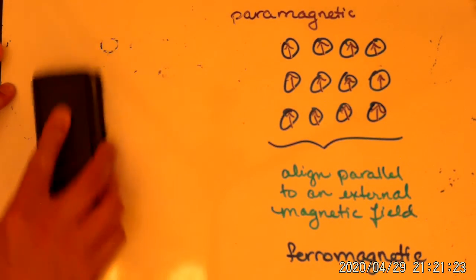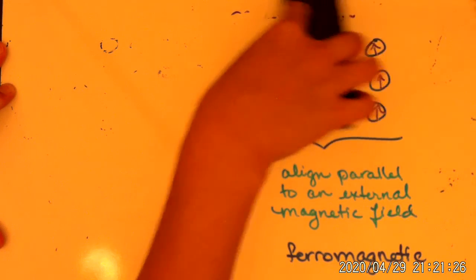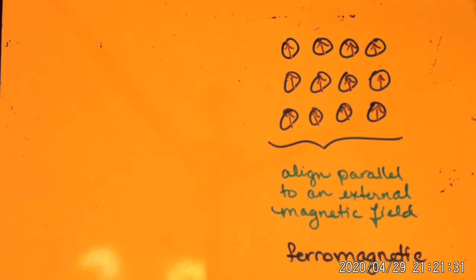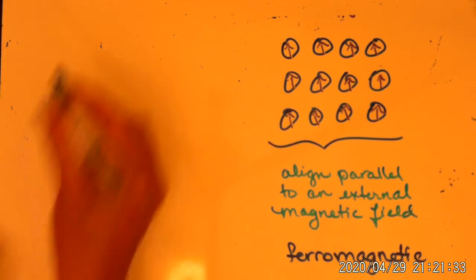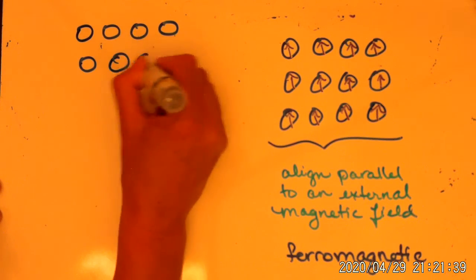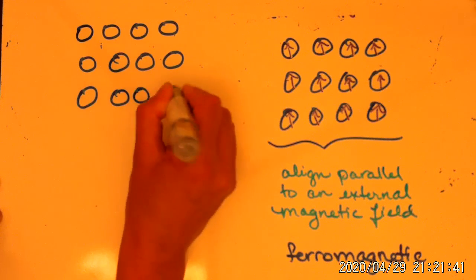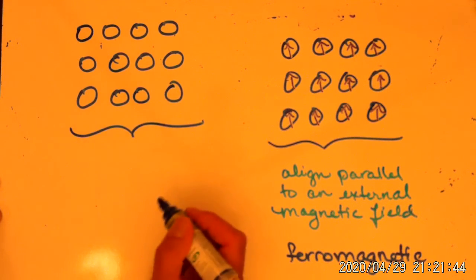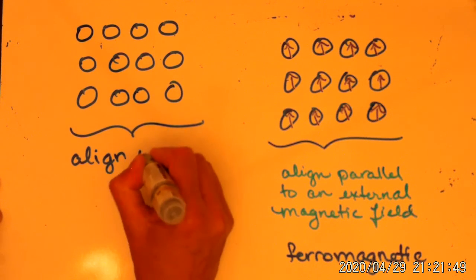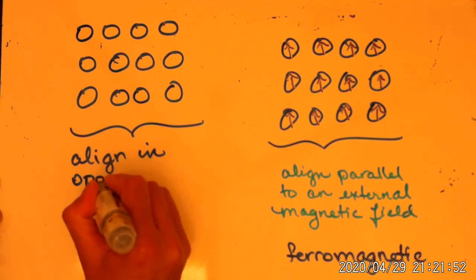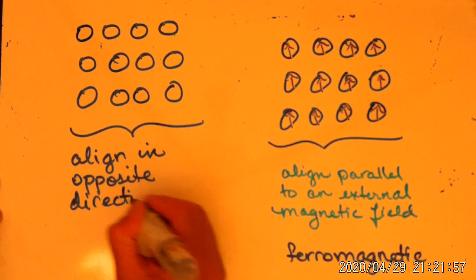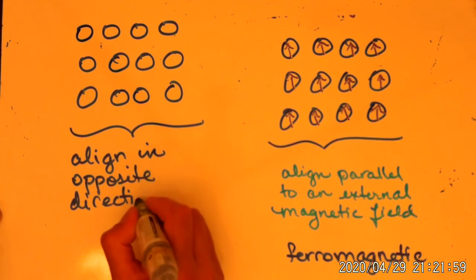What happens if we do this? Suppose I put in my magnetic field, and they align in opposite directions to each other.